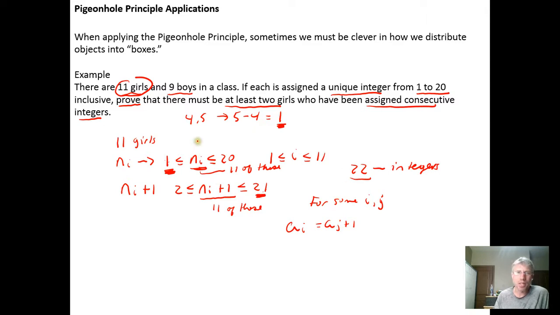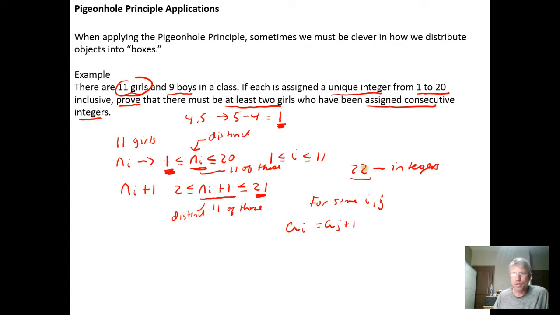I know that because the n sub i's are each distinct, and I know the n sub i plus 1 is going to create distinct integers between 2 and 21. These are all distinct.